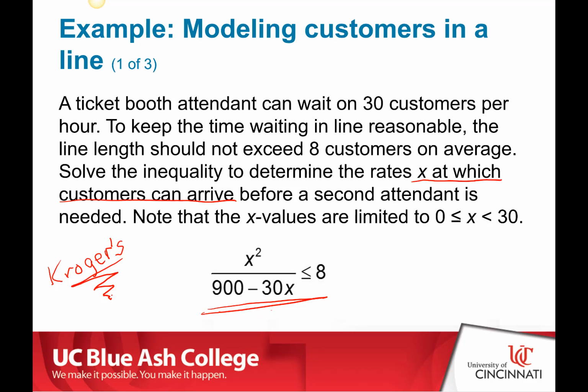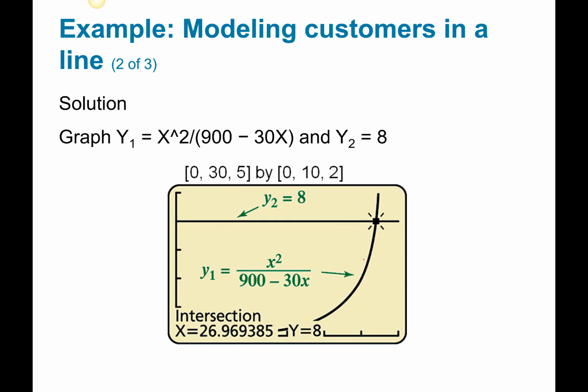Okay, x is the arrival rate. If we want to keep the number of customers to 8 or less in line, what does the arrival rate need to look like? Well, there are a couple ways of solving this. One way is to graph it.